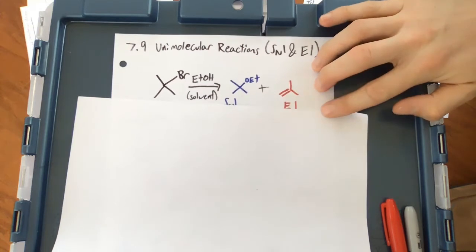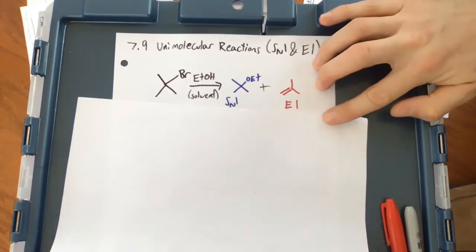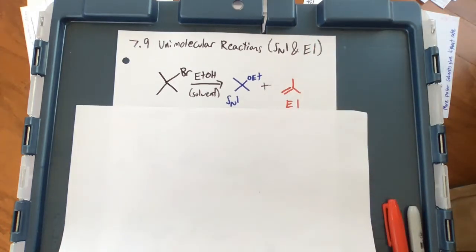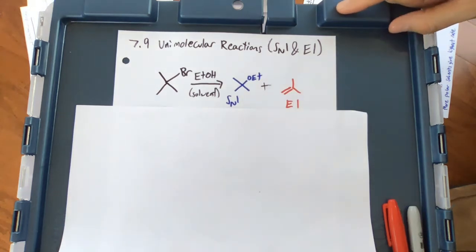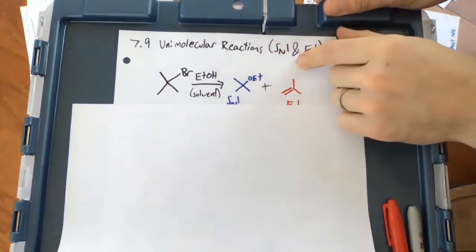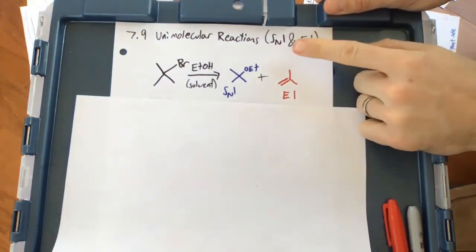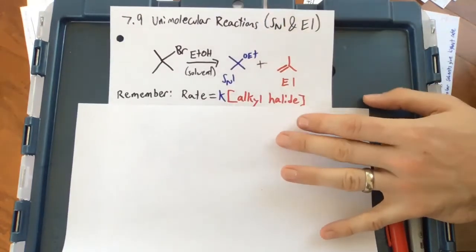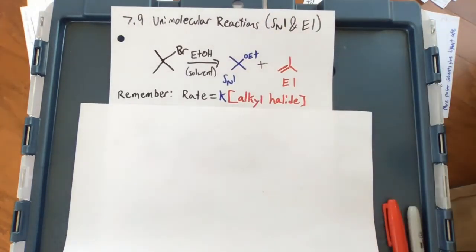We're going to run this reaction in ethanol, and what we're going to see, unfortunately, is that we get a mixture of two products, mainly that the SN1 and E1 are both in competition. And let's remember that the reaction rate is going to be more or less constant for this reaction, no matter how much we change the reaction, because the rate law is totally dependent only on the alkyl halide.